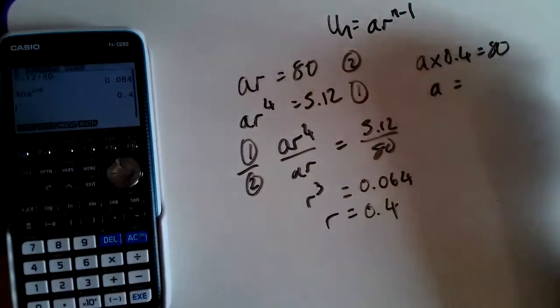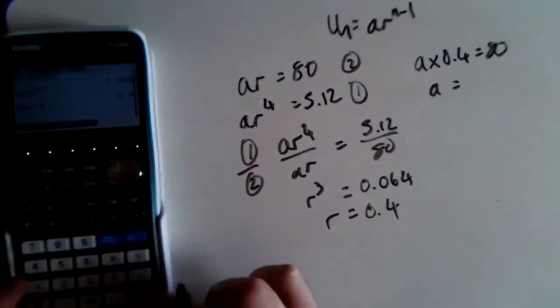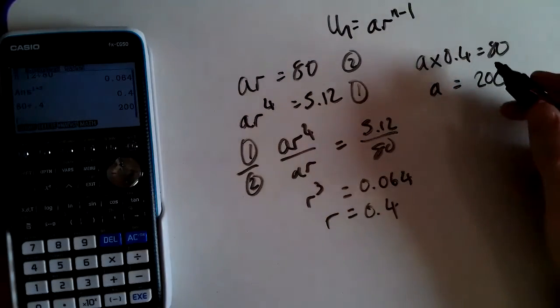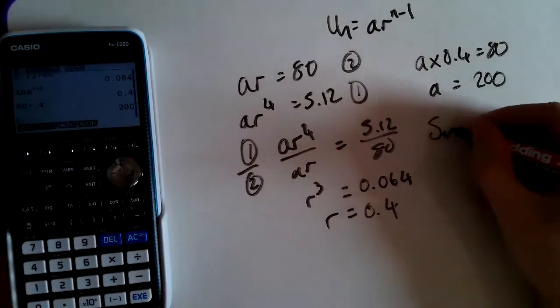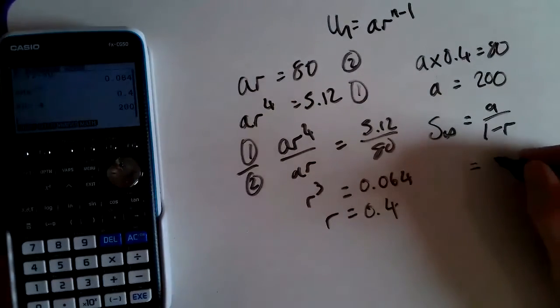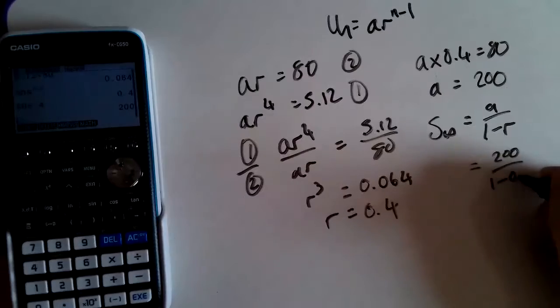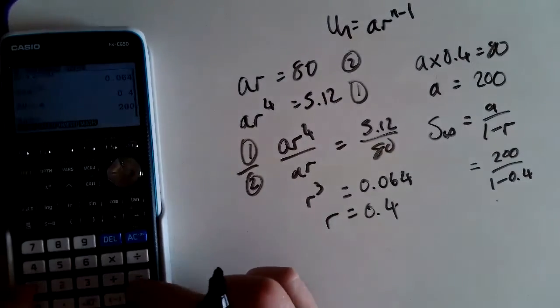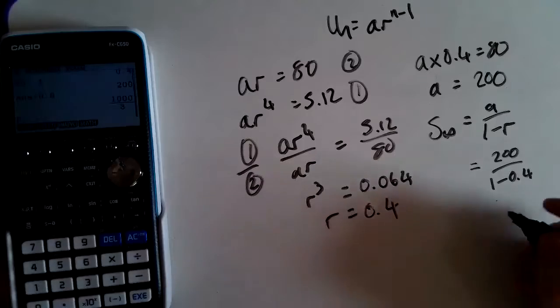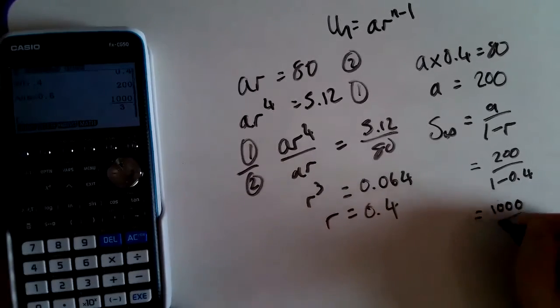So a equals 80 divided by 0.4, 200. So I've got a and r now. Now the sum to infinity is a over 1 minus r. So that's 200 over 1 minus 0.4, which is 200 over 0.6. So as a fraction, that's 1,000 over 3.